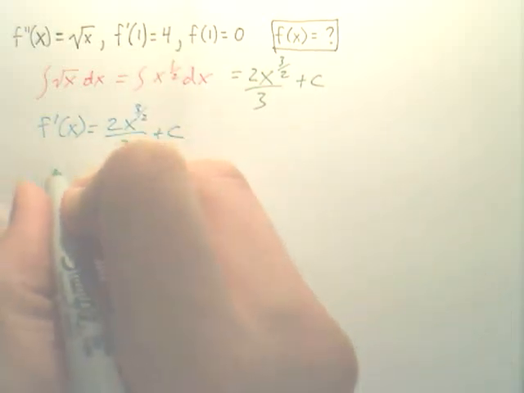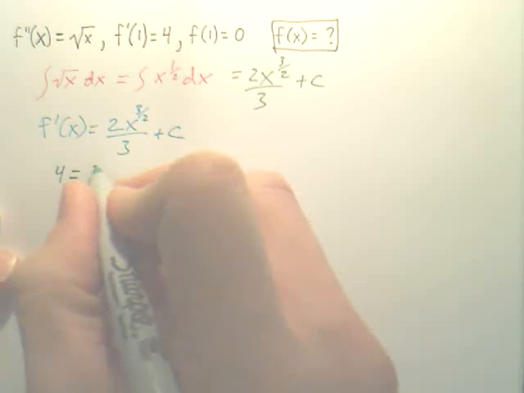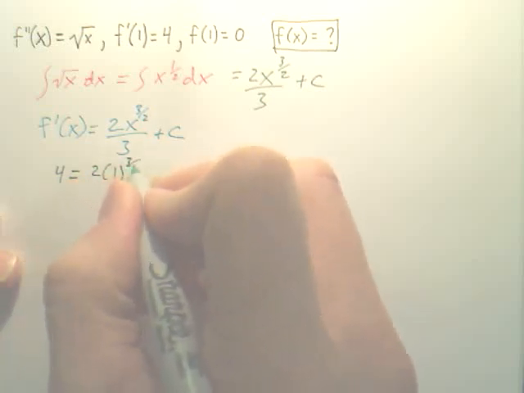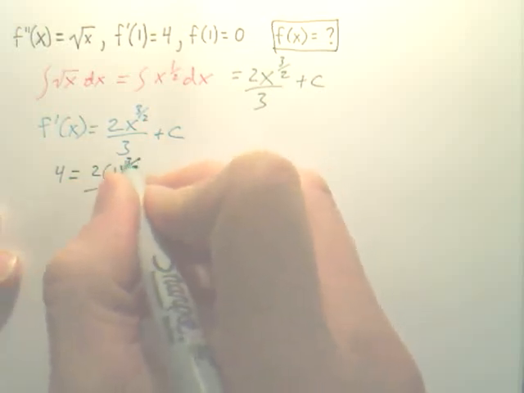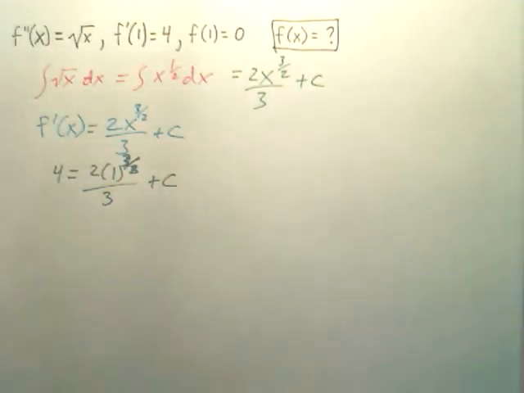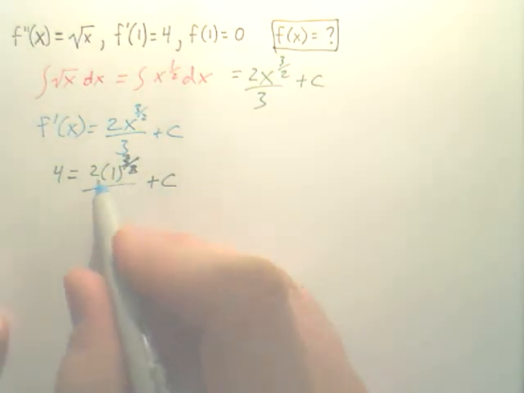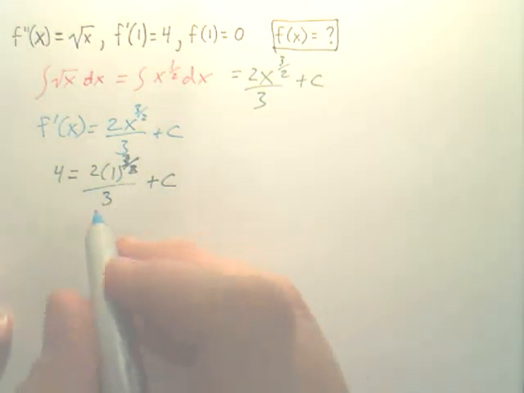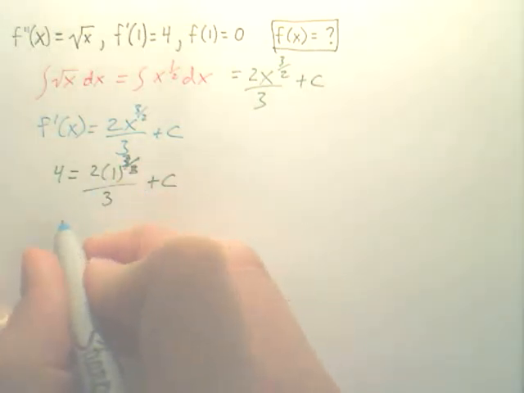So what we now have is 4 equals 2 times 1 to the 3/2 over 3 plus c. The nice thing is 1's pretty nice and easy. This becomes 2/3.